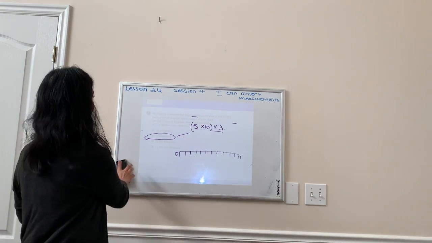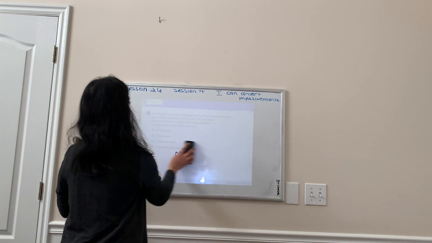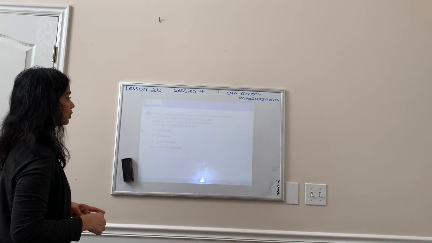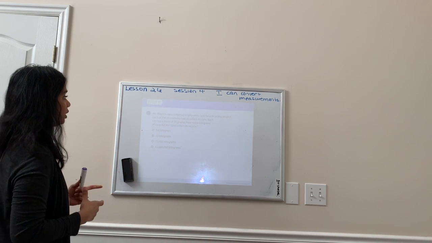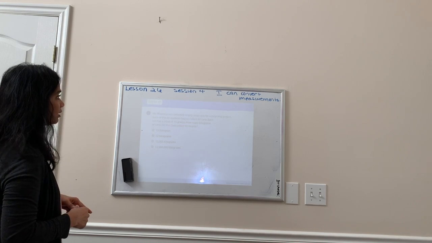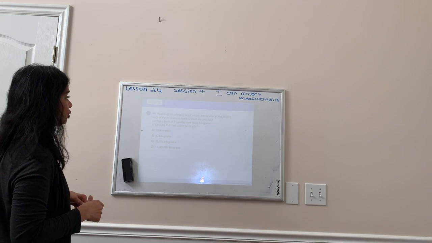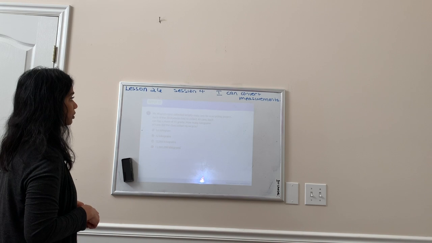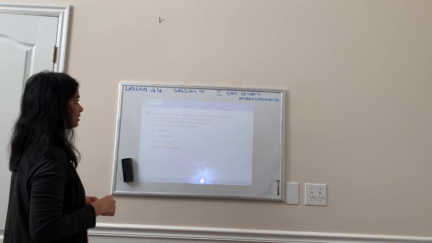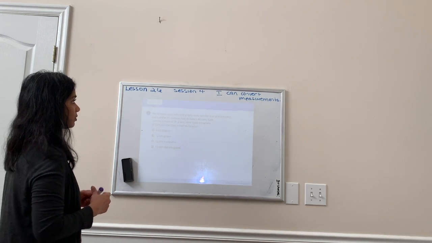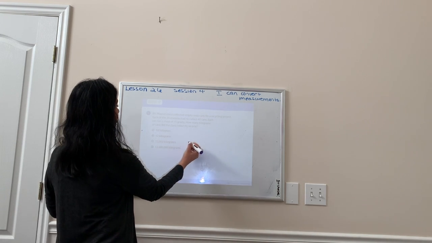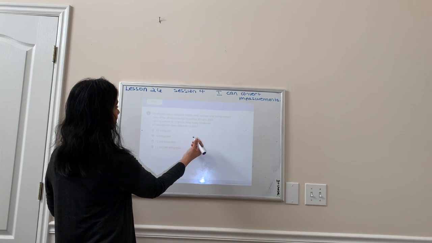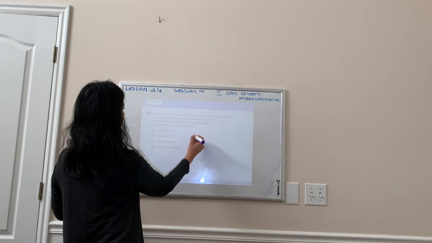So number 5, Mr. Wayne's class collected empty soda cans for a recycling project. Each of the 20 students had to collect 40 cans. Each can has a mass of 15 grams. How many kilograms of cans did the class collect? So each of the 20 students had to collect 40 cans, right?